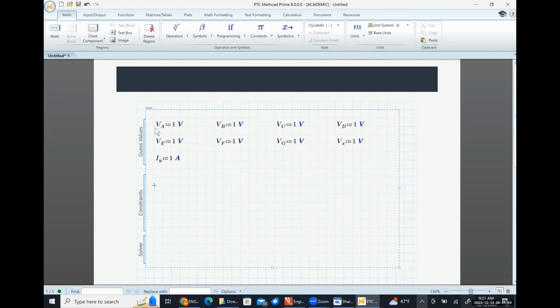Okay. So let's start with our first controlling variable equation, which was Vx was equal to what? VB minus VE. Okay. So I'm going to use control equal sign here.